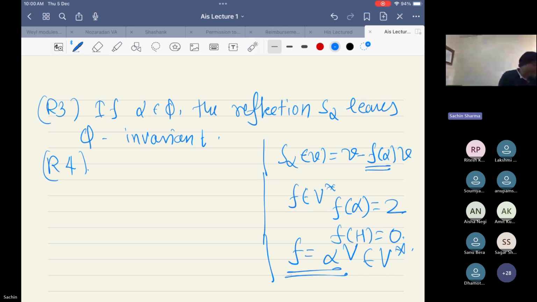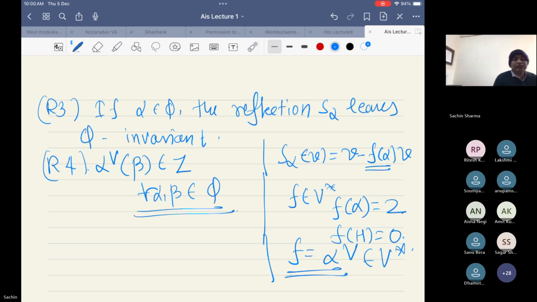Then alpha check of beta belongs to Z for all alpha, beta belonging to phi. This is a very crucial property, and we will soon determine what that number is.